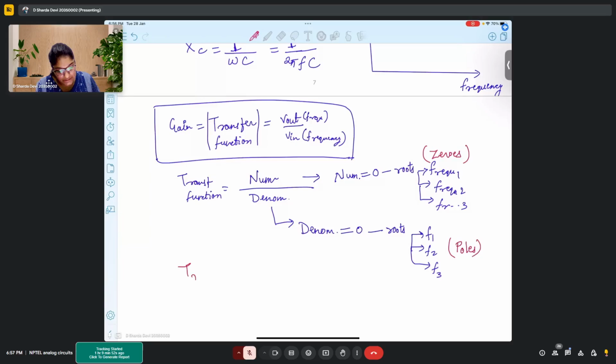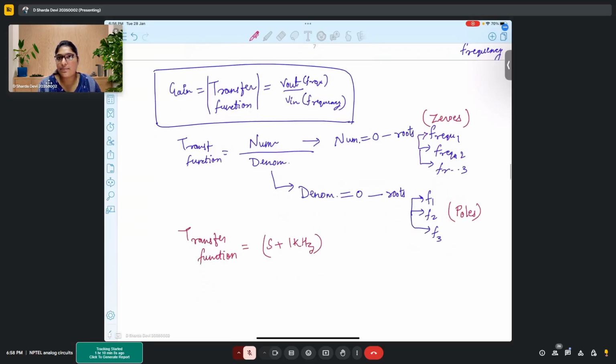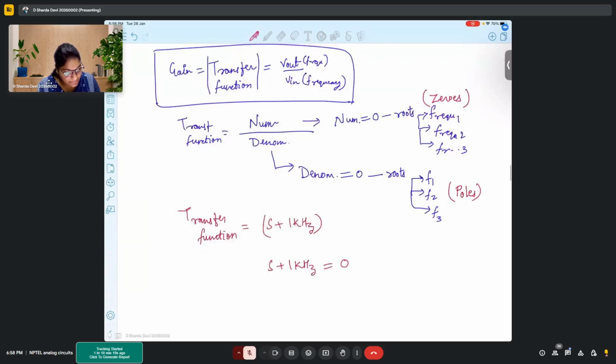Let's say your transfer function, for example, is s plus 1k, 1 kilohertz. Okay. For example, your transfer function is this, right? So now, in this transfer function set equal to 0, that means s equals minus 1 kilohertz.